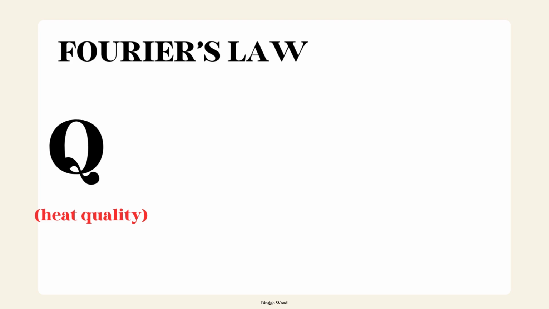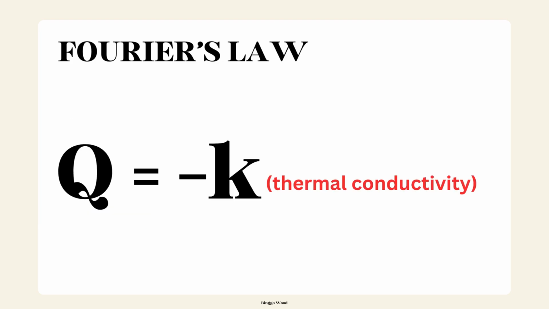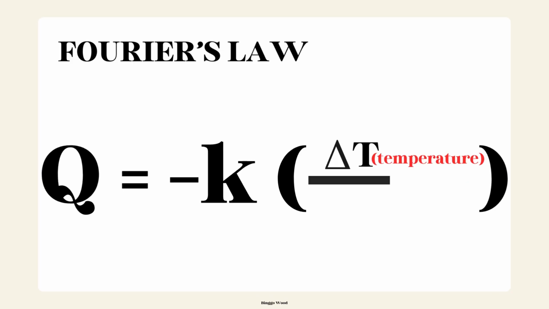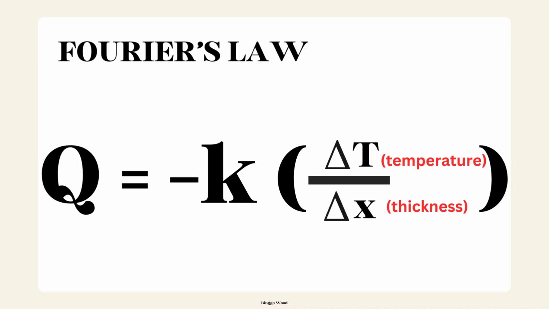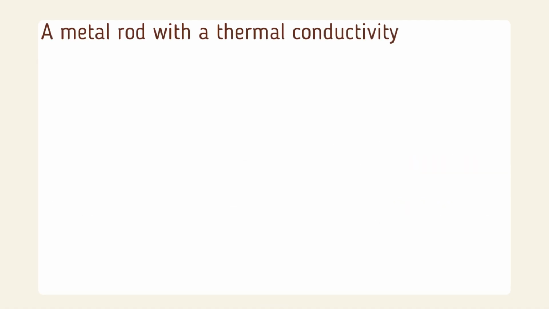The equation for conduction is Fourier's law, where the quantity of heat is equal to negative thermal conductivity multiplied by (change in temperature over change in thickness of the material). Let's try solving this problem using Fourier's law.